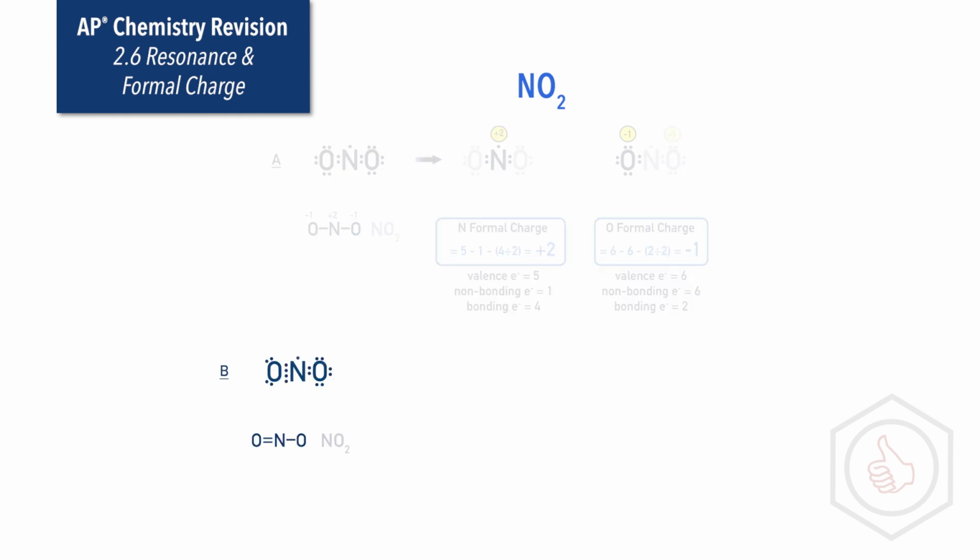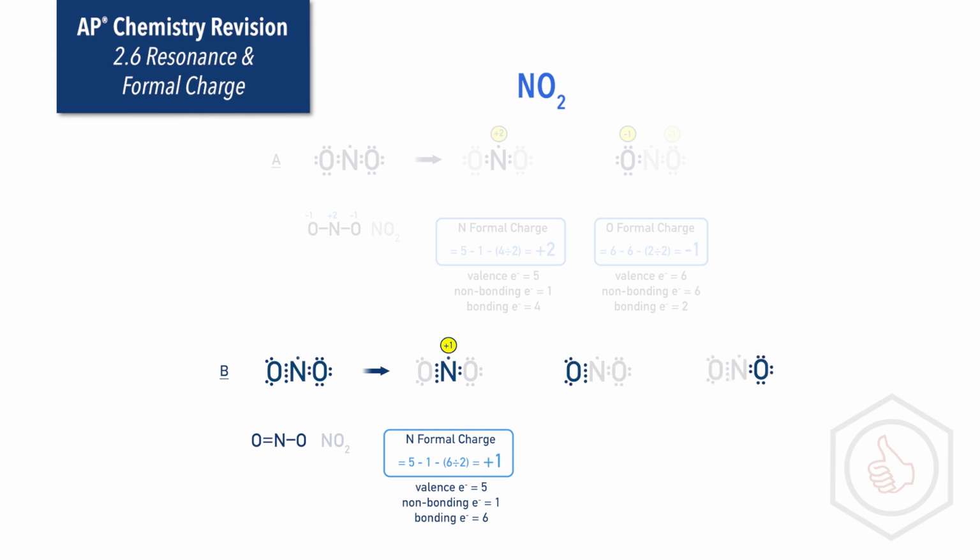In the second structure, the formal charge of the nitrogen is going to be 5 minus 1 minus 6 divided by 2, because again, the valency of nitrogen is 5 outer electrons to start with. It again has one non-bonding electron, but this time has 6 bonding electrons around it. So therefore, 5 minus 1 minus 6 divided by 2 equals 1. However, in this structure, the two oxygens are different.